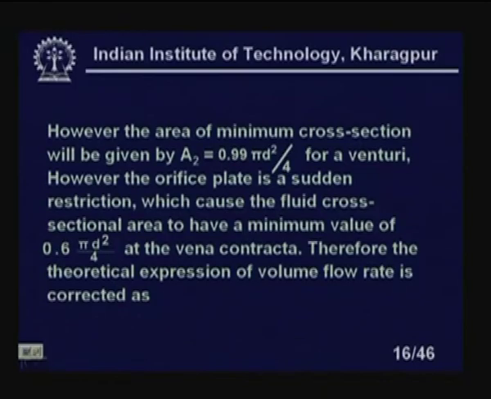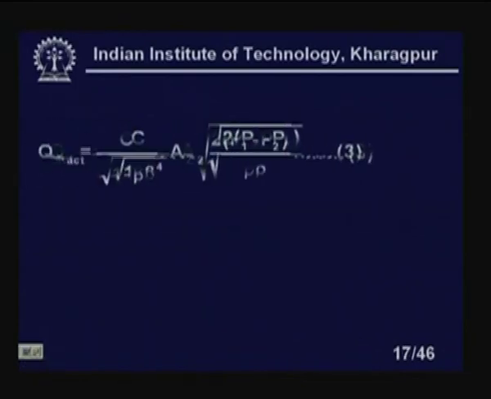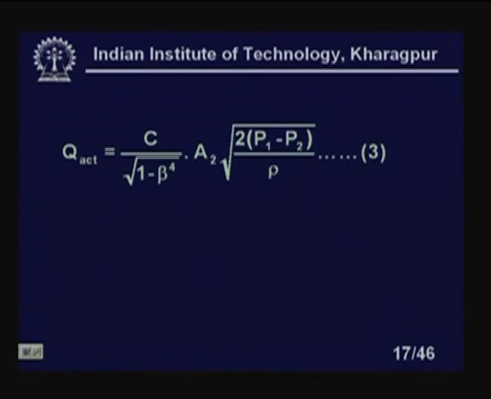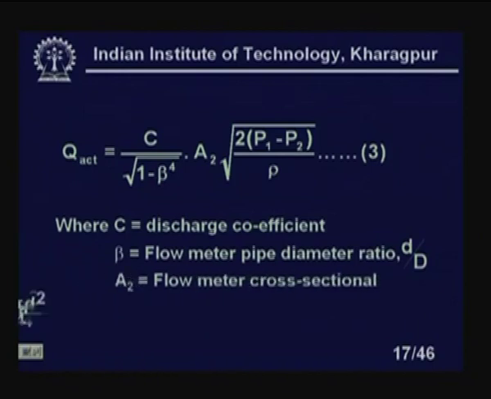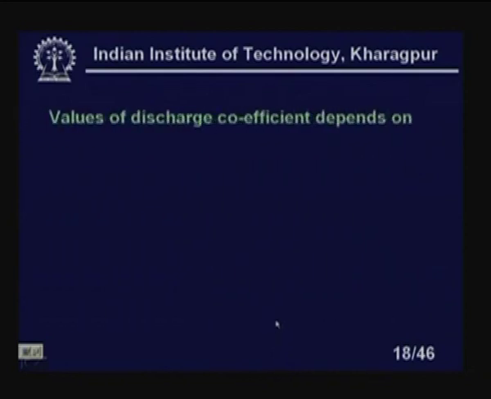Therefore, the theoretical expression of volume flow rate is corrected by C. We are introducing a new factor C, under the square root 1 minus beta to the power 4, multiplied by A2 under the square root 2 (P1 minus P2) by rho, where C is the discharge coefficient and beta is the flow meter pipe diameter ratio, small d by capital D, and A2 is the flow meter cross sectional area, equal to pi d square by 4.